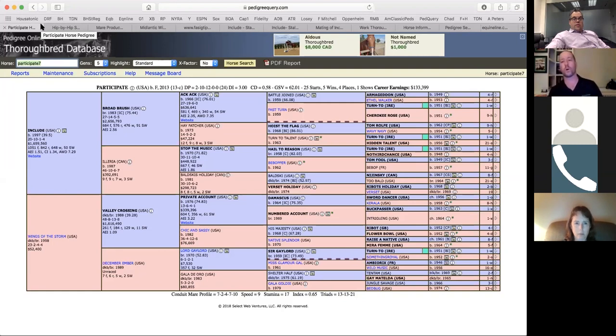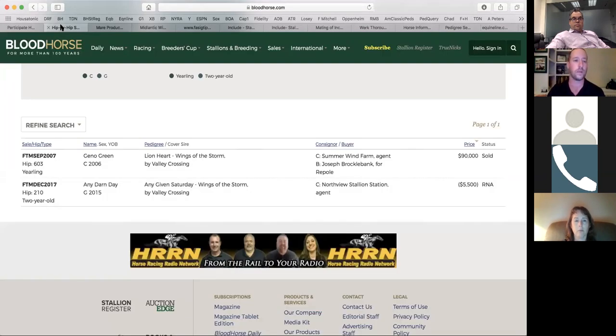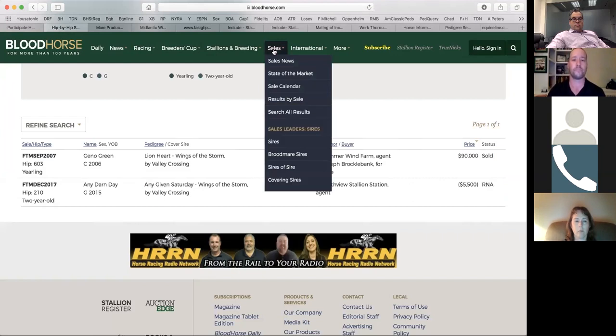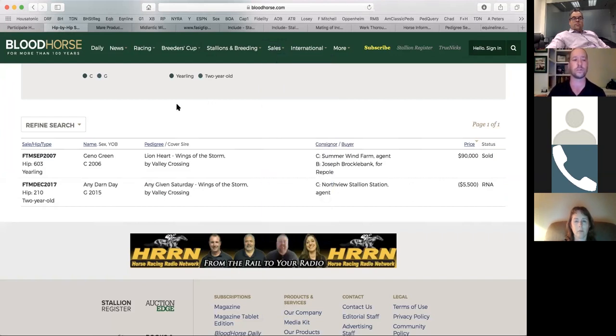If I was going to delve deeper into this and find out a little bit more other than just the names of these horses, a good free way to do that, I could go to the Blood Horse website, and they have a tab for sales, which allows you to search all sale results. In this case, I entered all sales and I put Wings of the Storm in as the dam in that search. And these are my search results.